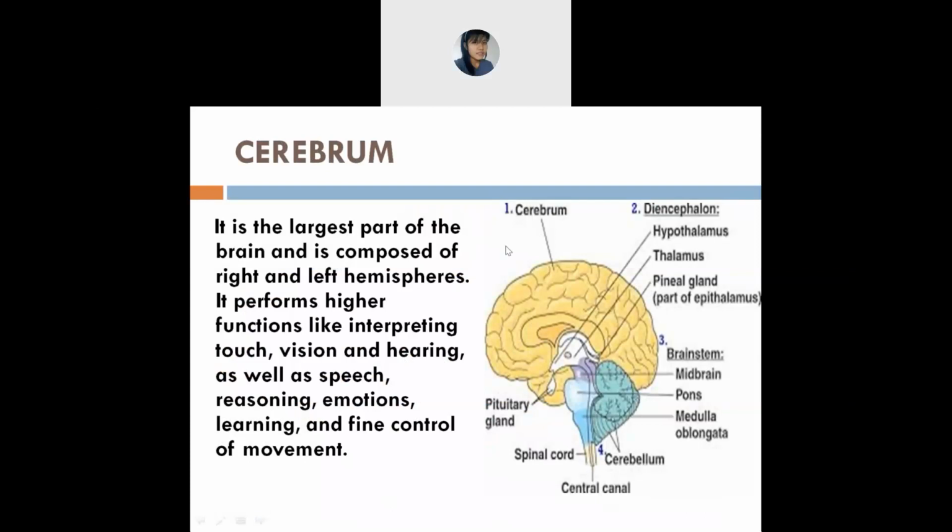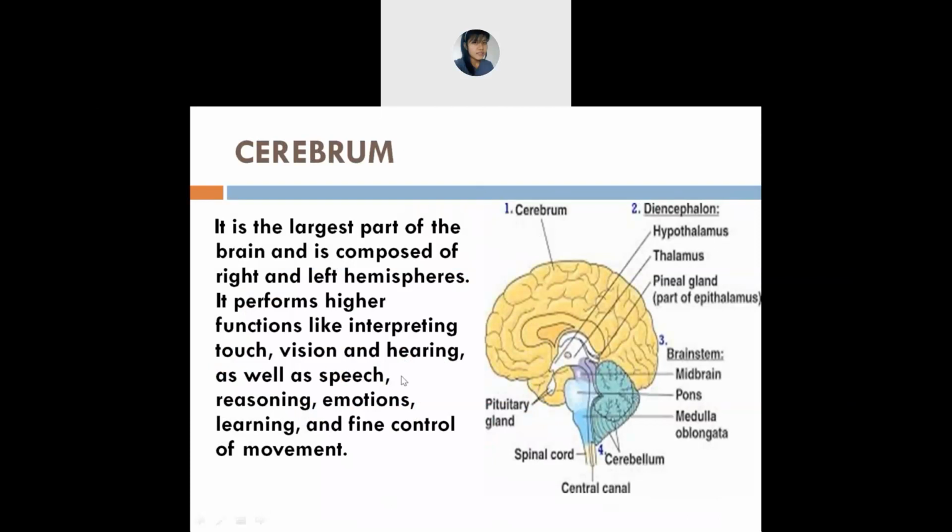Okay, next let us discuss the cerebrum. The cerebrum is the largest part of the brain. From the picture itself you can see it is the largest part, and it has two hemispheres, the right and the left hemispheres.